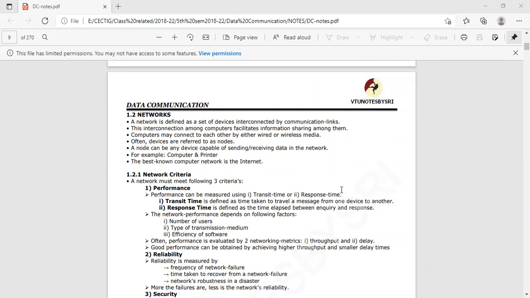Next one is delay. So what is a delay? Throughput depends on the network and the speed or bandwidth of the network. Delay means we are trying to send some data, say we are talking over the phone. Sometimes I'm talking, but due to poor communication on the network, the receiver is not able to hear things properly.